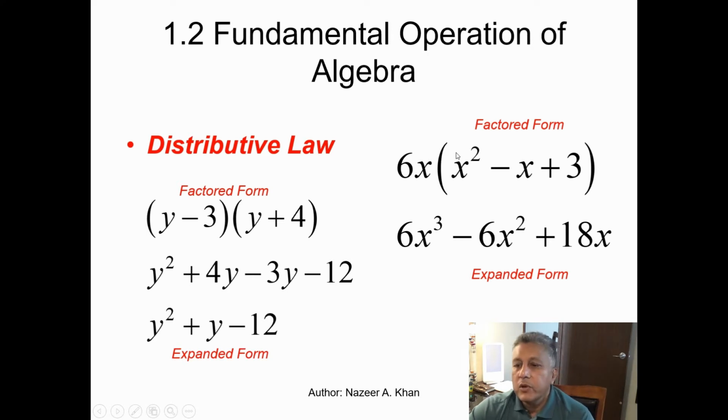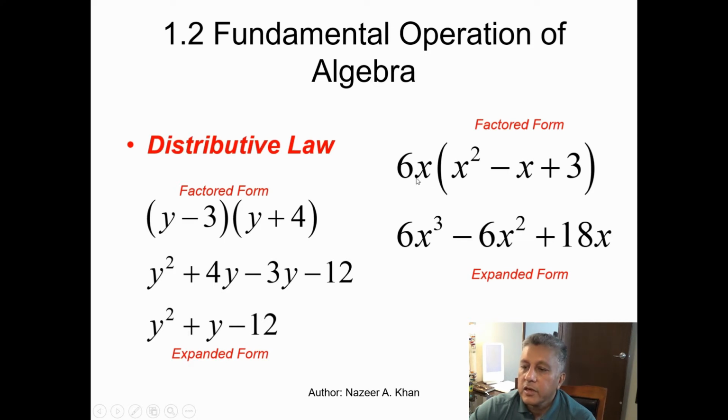In the second example, we have a trinomial multiplied by 6x. It's factored form. I'm going to multiply this out and then look for like terms to put it in prime form. 6x times x squared gives you 6x cubed. 6x times minus x gives you minus 6x squared.